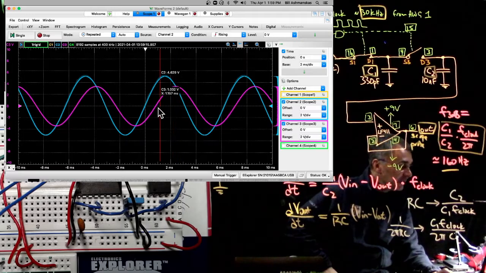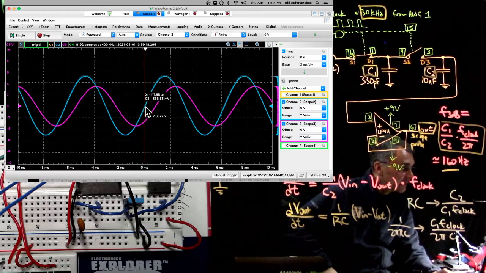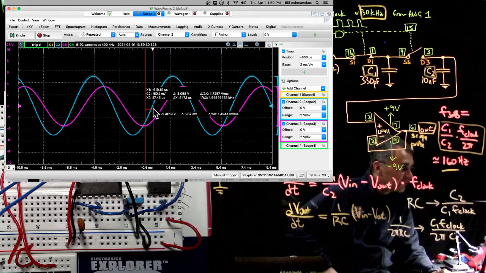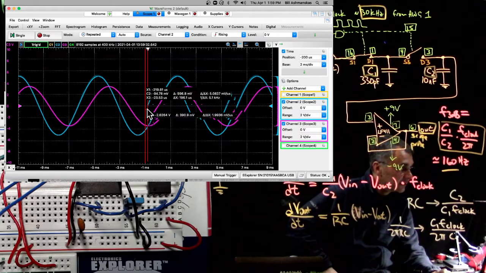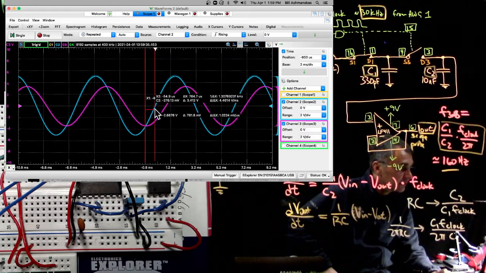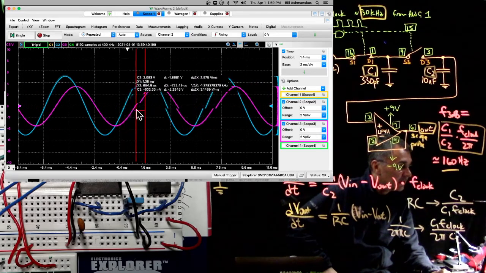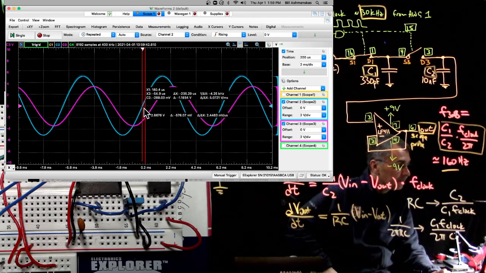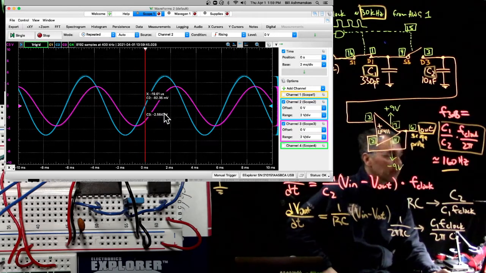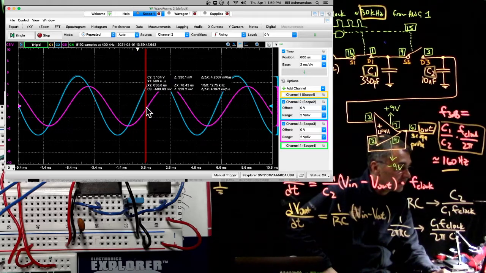How about the phase shift? I'm having a little trouble measuring this phase difference because it seems like it changes my trigger.